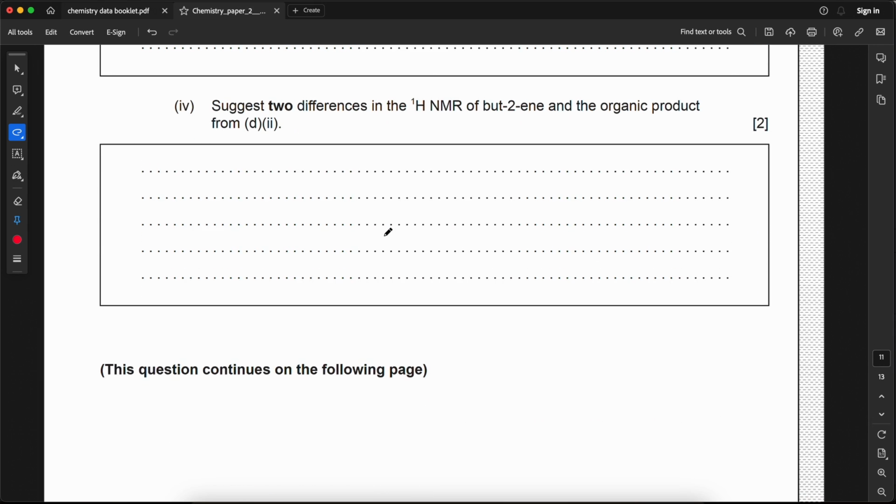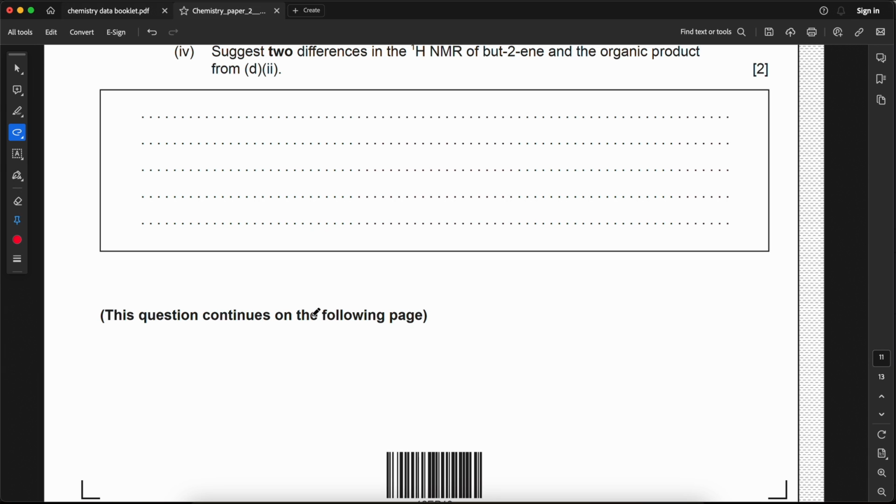Suggest 2 differences in the HNMR of butene and the organic product. Okay, so let me just write down the structure here. Butene is CH3, CH double bond CH, CH3. Okay, this is butene.